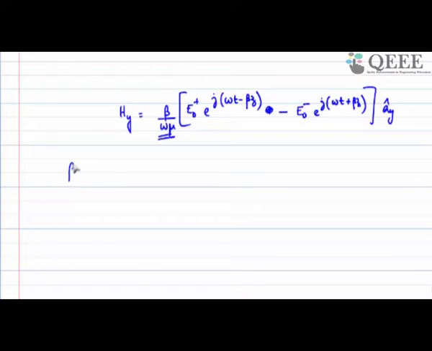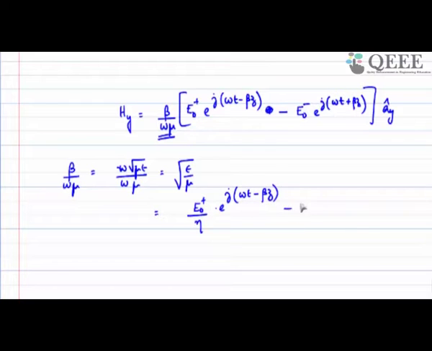What we just figured is that beta by omega mu is omega root mu epsilon by omega mu, so this is under root epsilon by mu, which means I can write this as E naught plus divided by eta, e power j omega t minus beta z, minus E naught minus e power j omega t plus beta z over eta.